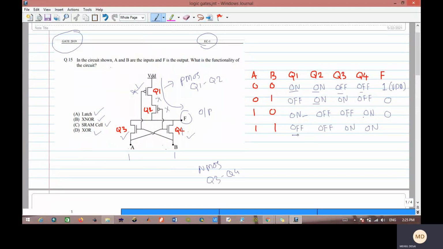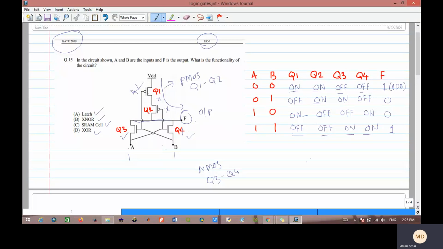So Q3 and Q4 are on and Q1 and Q2 are off, and because Q3 and Q4 are both on, we get the output 1.